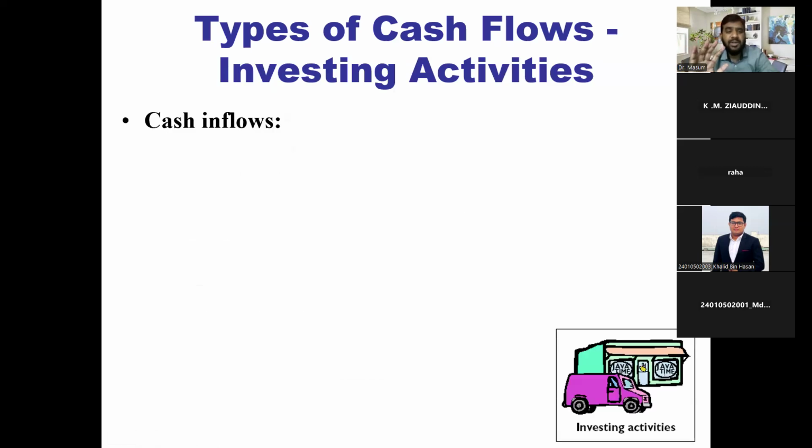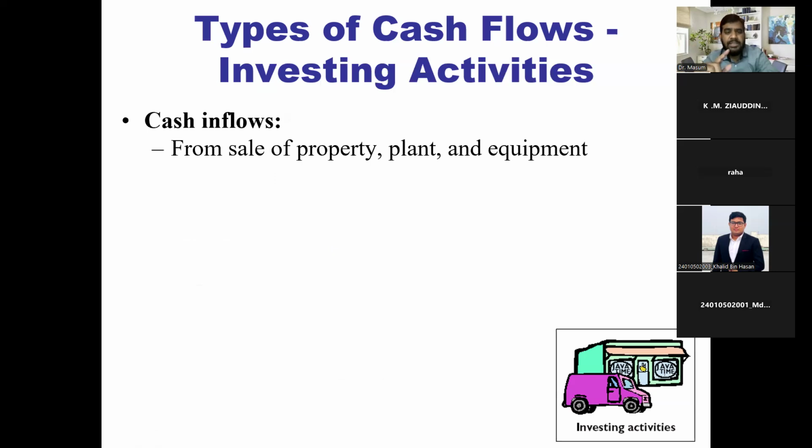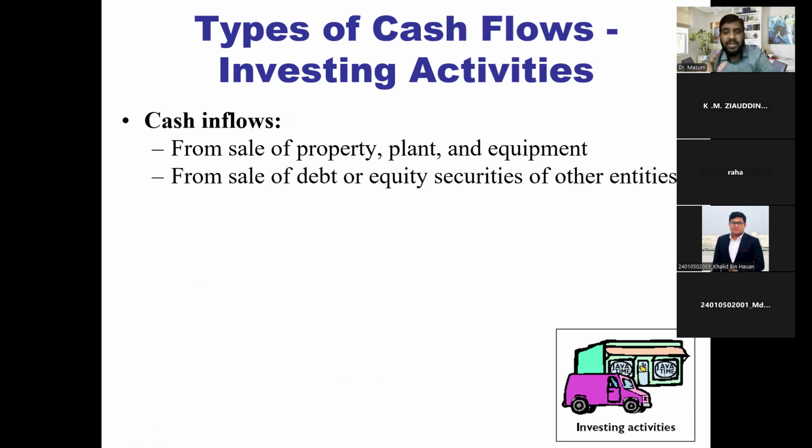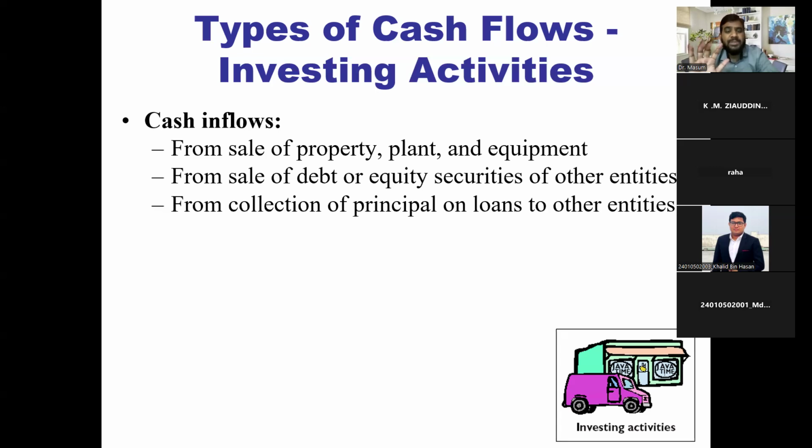So here, cash inflows: sale of property, plant, and equipment, sale of debt or equity securities, not the dividend. You are selling the share, and collection of principal on loans.